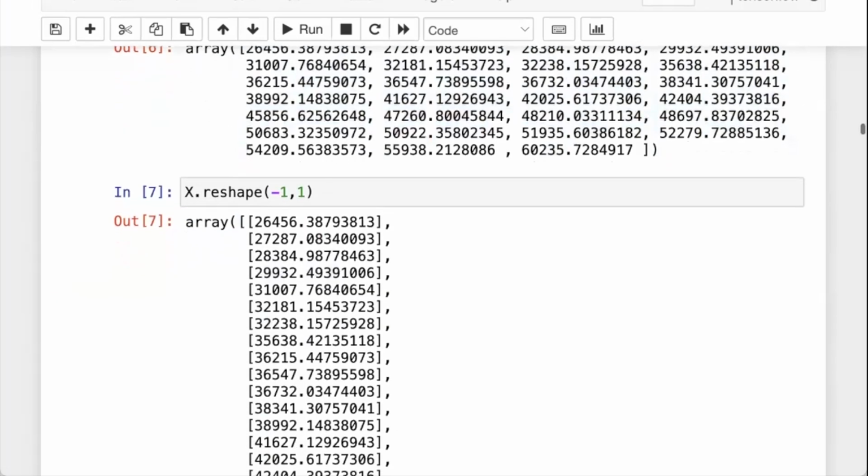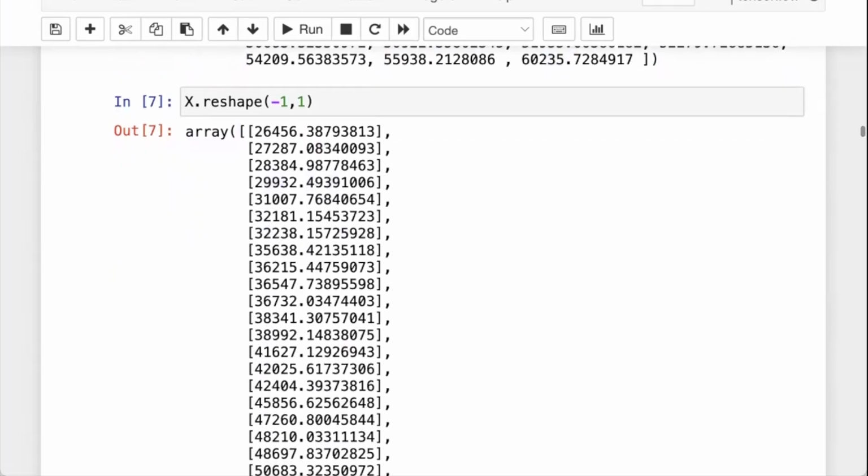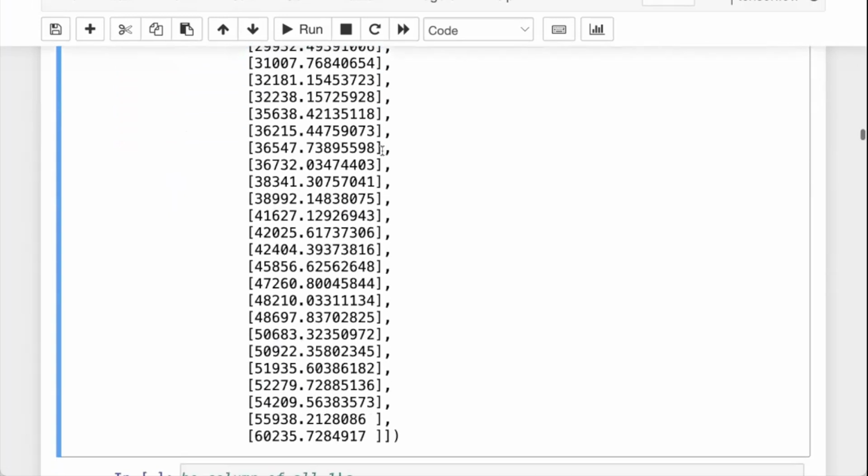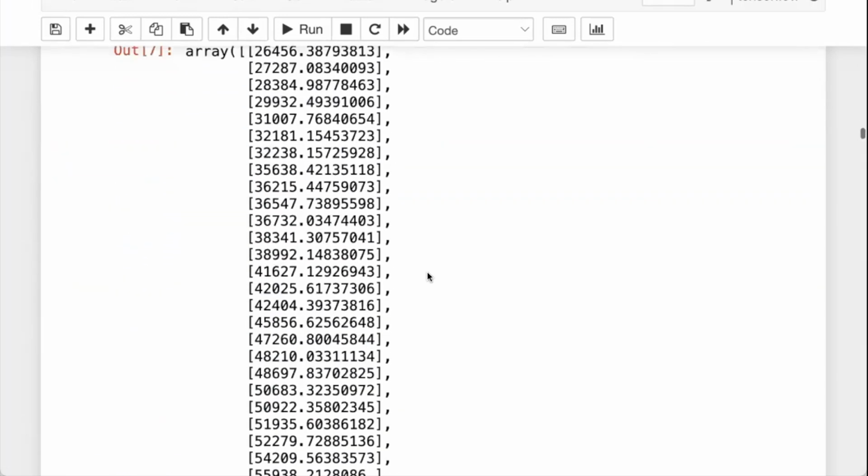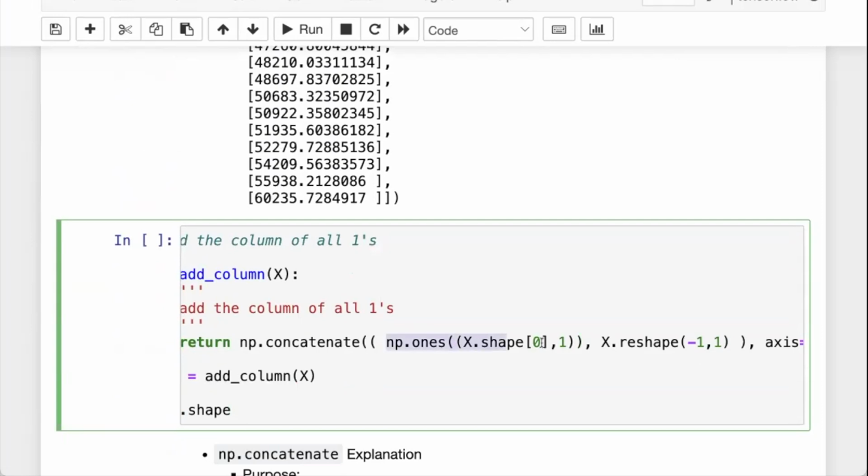If I do this, you can see that now this looks very much like what we expect: a column vector where we have in each row one value of GDP. And now you have this vector of all ones, that I can show you too. And then we combine them together.